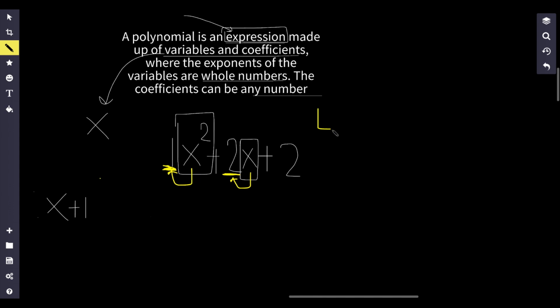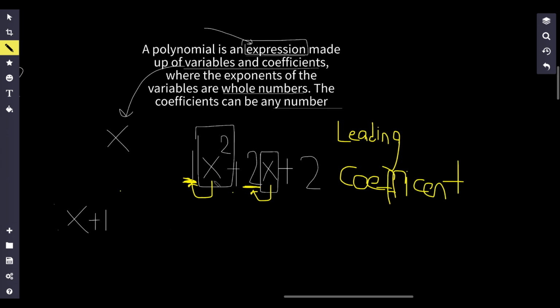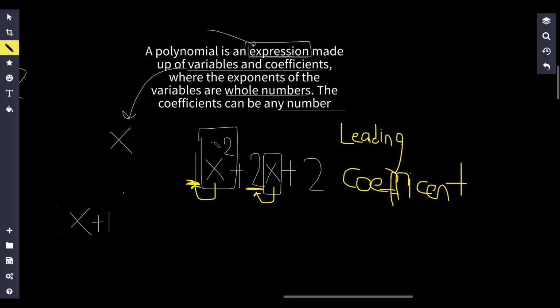Now, there's something known as the leading coefficient. And the leading coefficient is just the coefficient of the x with the highest power. So in this case, you can think about just plain old x by itself as x to the first power.